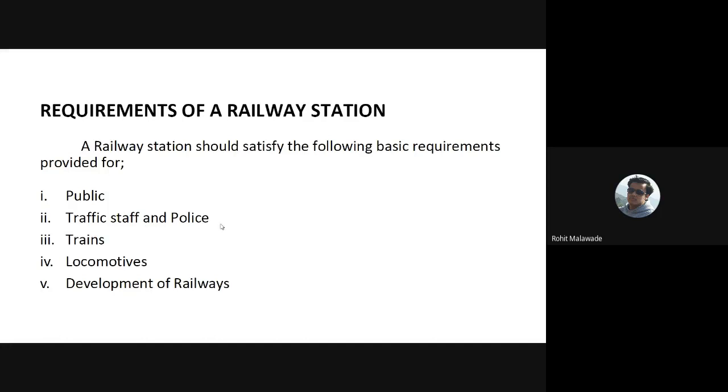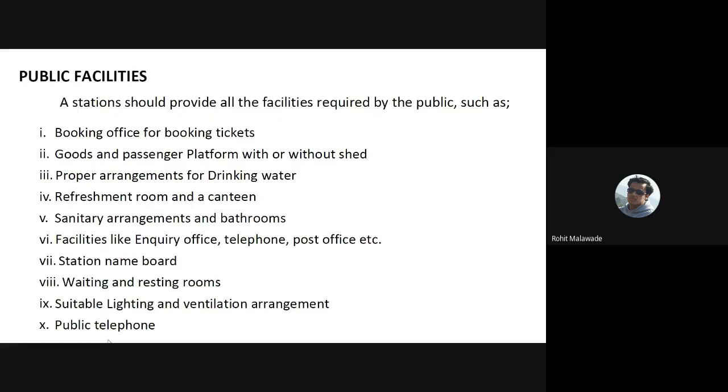And police, right? It should have the facilities for the trains also. It should have the facilities for the locomotives, right? That is your engine, bogies, right? All things it should have. Then there should be provision for the development of the railways. So this is what the railway should have.